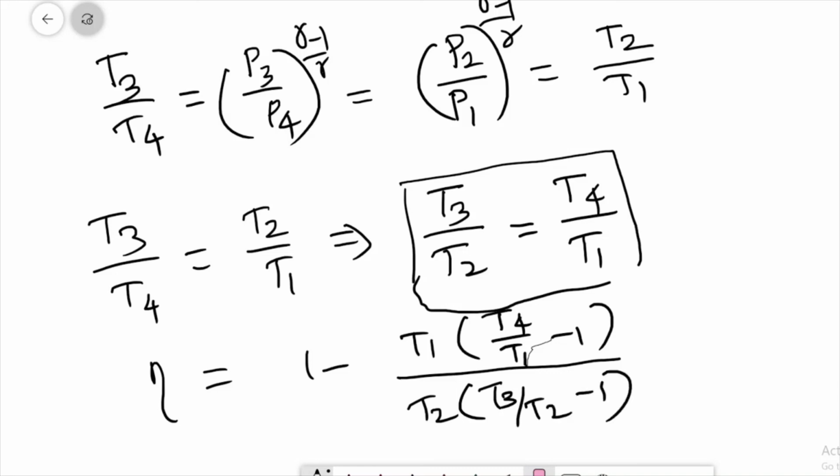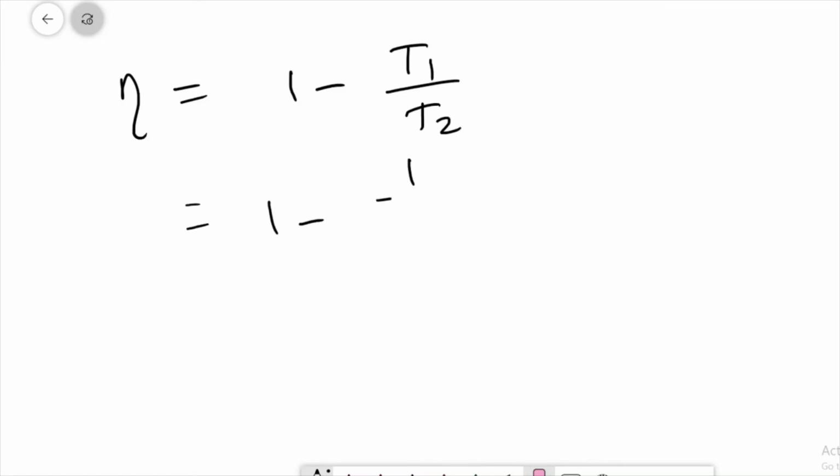If you substitute this relationship in this formula, then these two will get cancelled out. So our efficiency becomes eta equal to 1 minus T1 by T2, and this can be further modified as 1 minus 1 by (T2 by T1).